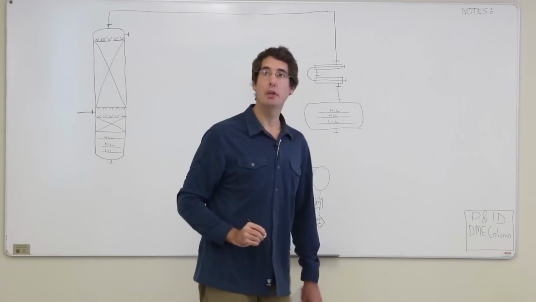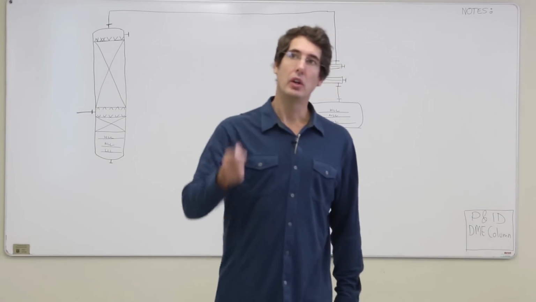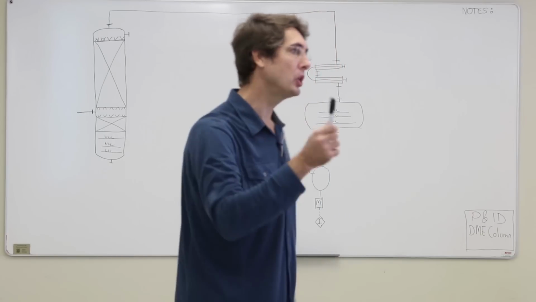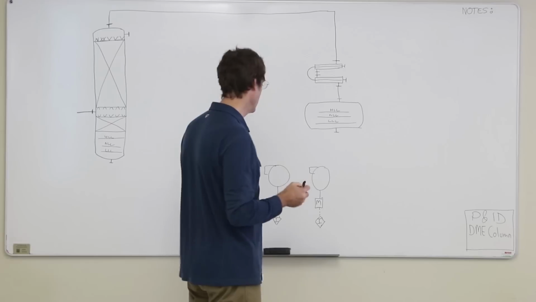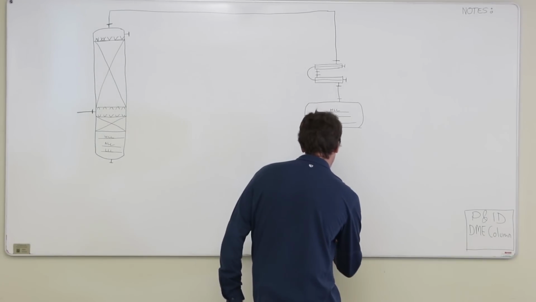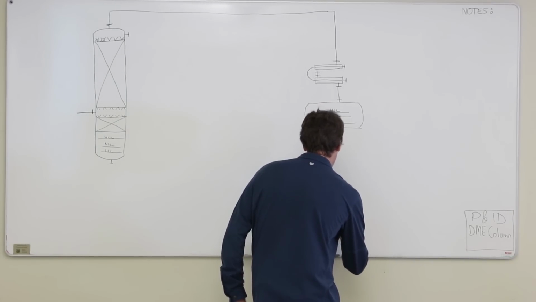Then you need some way to turn the pump on and off. So you want to put a hand switch in the field, and you want to be able to start and stop it from the control system. So let's do that.